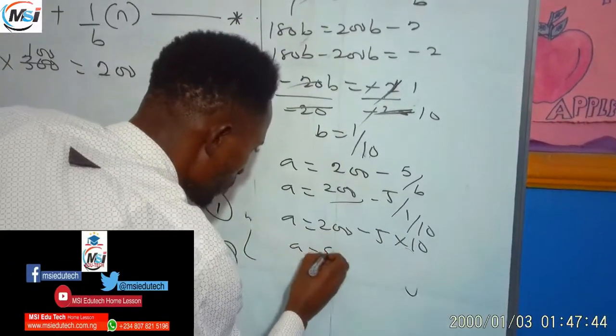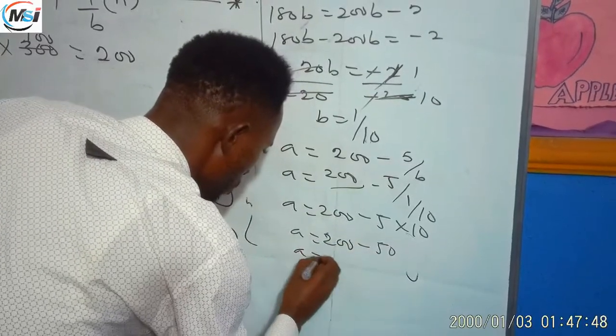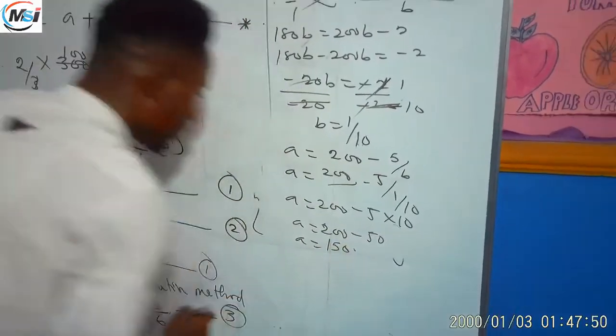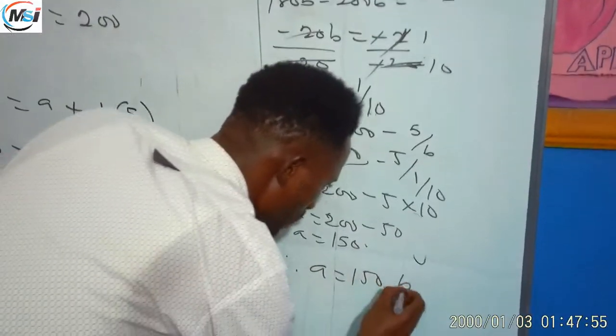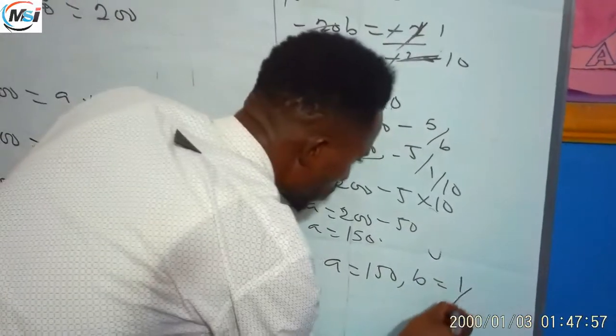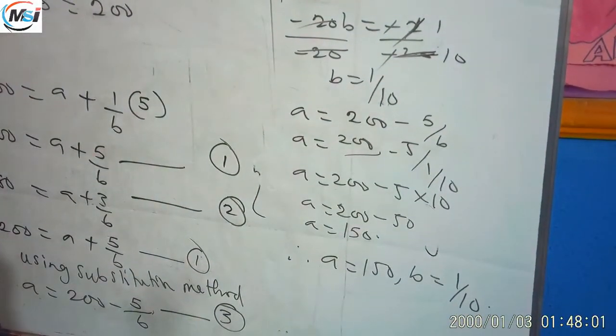Then A is equal to 200 minus 50. Then A is equal to 150. So therefore, A is equal to 150 and B is equal to 1 over 10. That is the value for A and B.